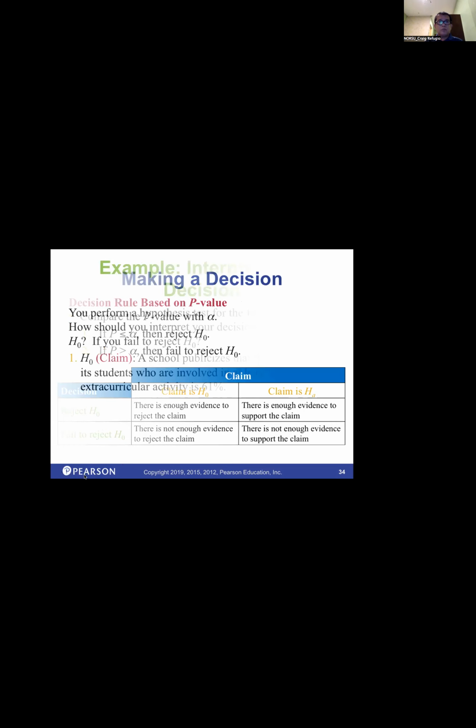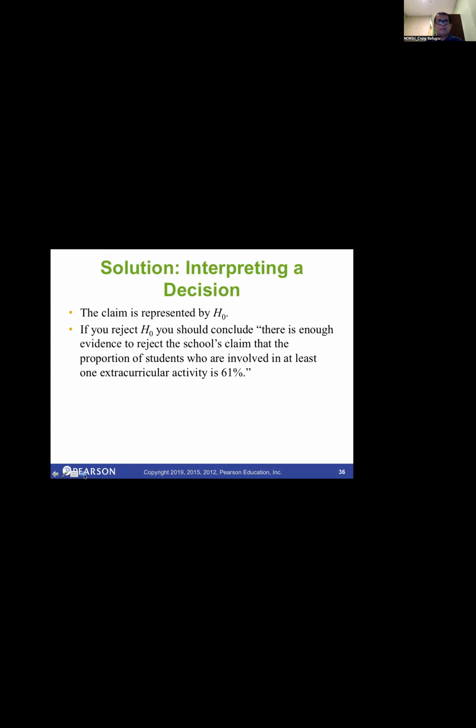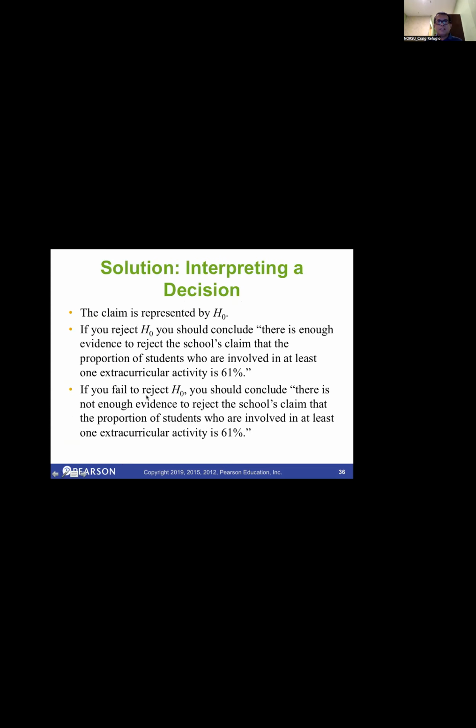So if we go back to this statement here, fail to reject H0, the claim is H0. From the template, there is not enough evidence to reject, and then write the claim. So the school's claim that the proportion of students who are involved in at least one extracurricular activity is 61%.